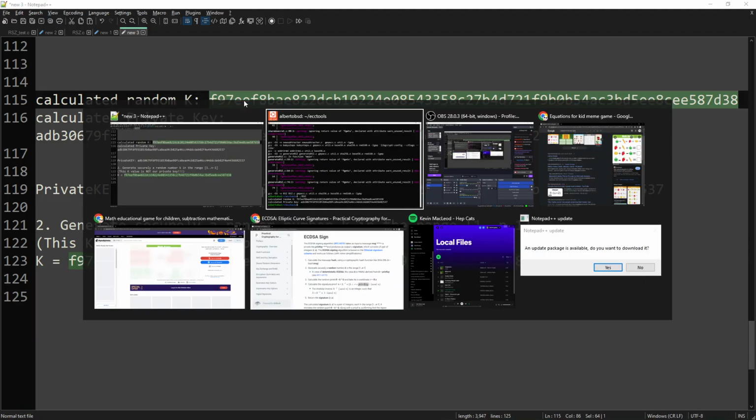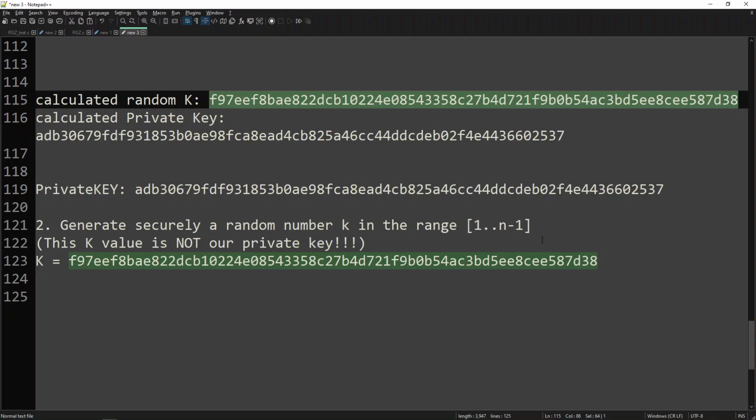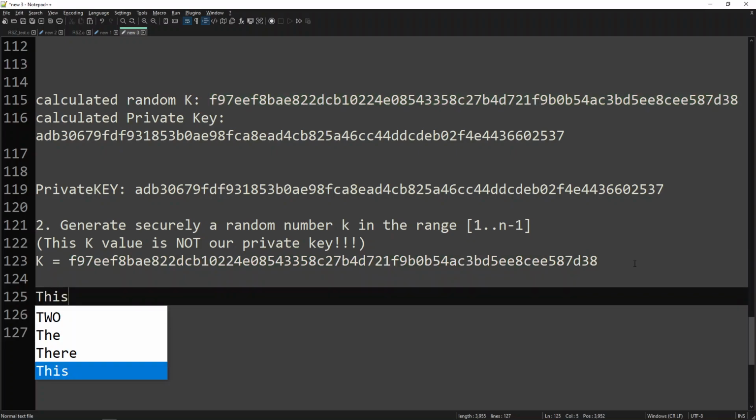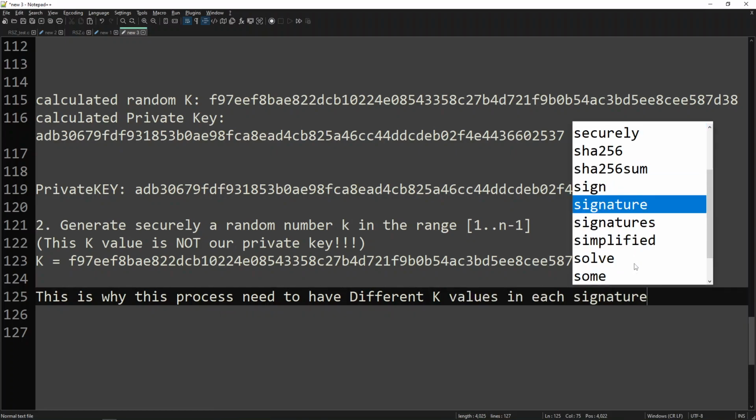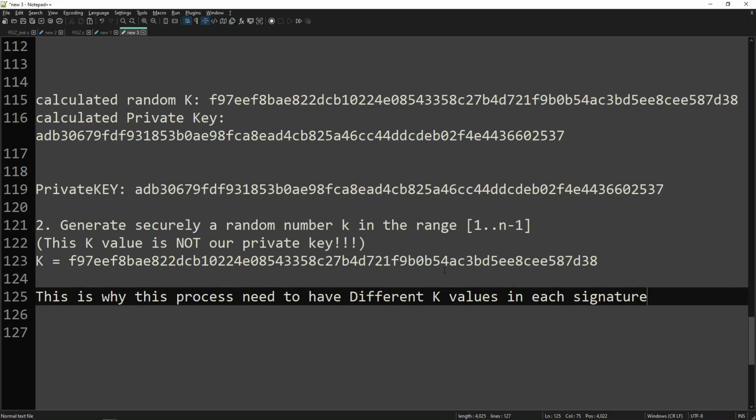So this is why this process needs to have different key values in each signature, because if not, you can solve the private key and your bitcoins can be stolen.